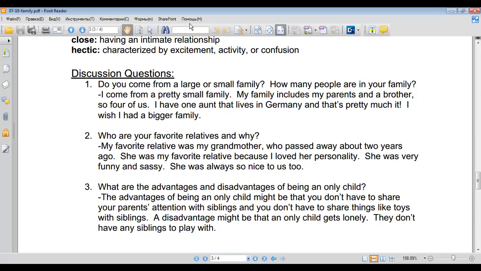As for me, my favorite relative is my grandmother, because she always supports me, and because I loved her personality. She was very funny, kind to me. So you love your grandmother.